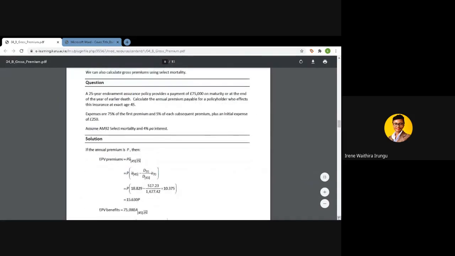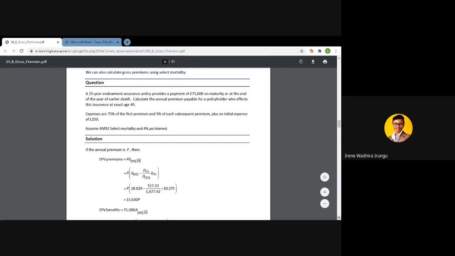We can also calculate this using the select mortality. The principle of equivalence still remains the same. The way we define the contract still remains the same. What will now change is how we read our values depending on the select period.